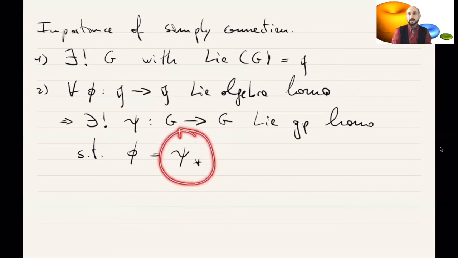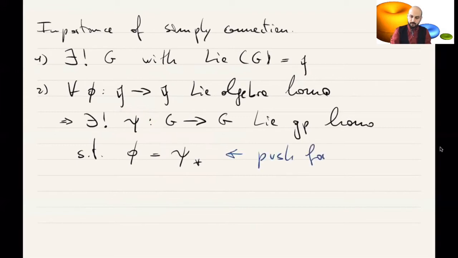This map can be seen as the tangent at the identity of this group homomorphism, or also as push forward on left invariant vector fields. At least it's well defined, the push forward, when these maps are really automorphisms.